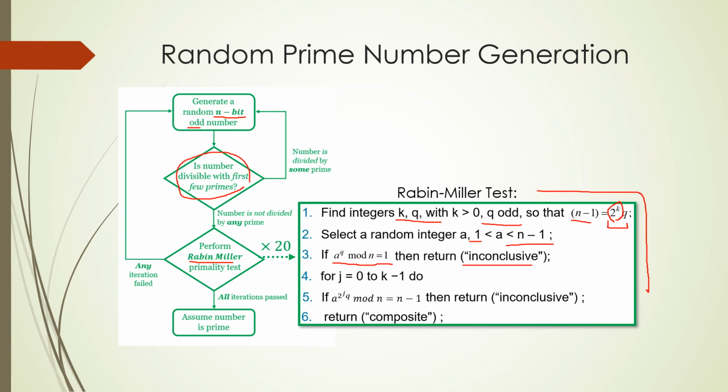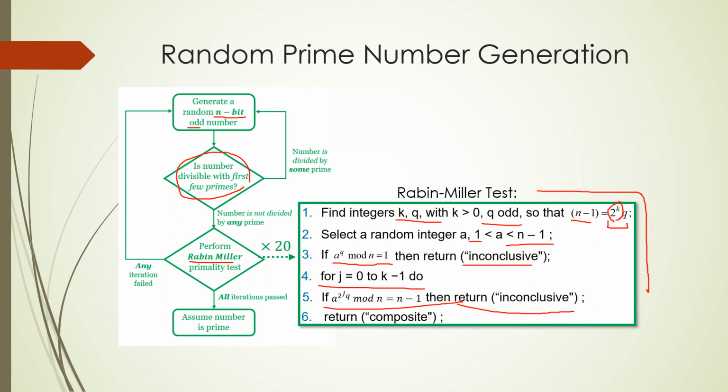If the remainder is not equal to 1, then we get into this for loop, and for j from 0 to k minus 1, we do step number 5. In step number 5, what we do is we raise a, that random number, to the power of 2 to the j times q, and then you find the remainder when it's divided by n.